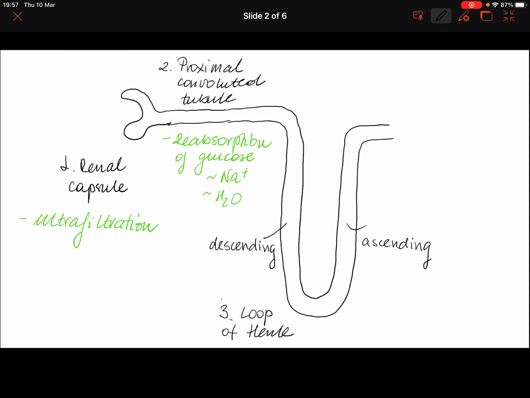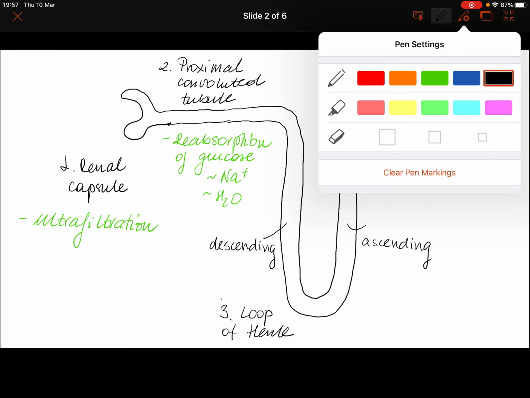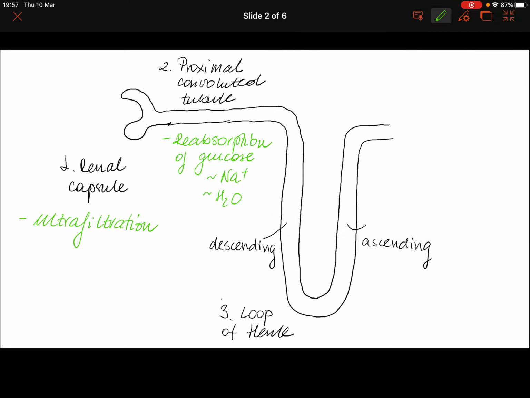Okay. We will be looking into details of what happens in those limbs. So there will be adaptations of both descending and ascending limbs, and we will look into that in a few seconds. Most important thing that happens here in the loop of Henle is reabsorption of water.